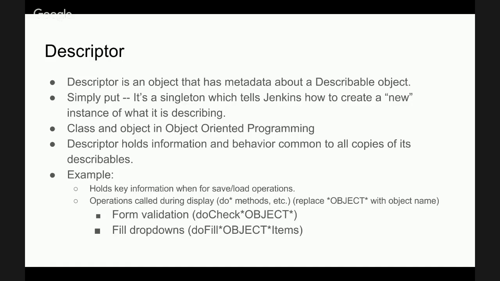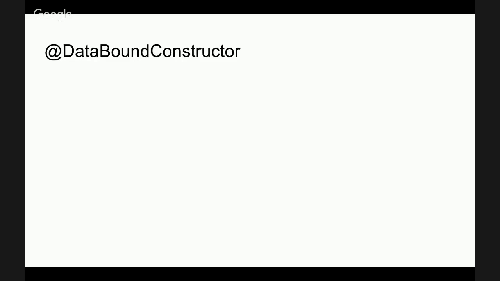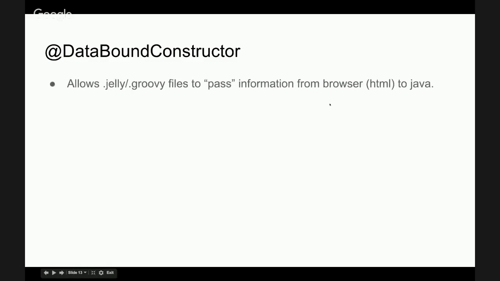I'll show how to do this in the demo, to allow you to create your own validation fields. The next thing I'd like to talk about is the DataBoundConstructor. It contains the information that's passed from the Jelly and Groovy, and it passes that information from the browser into Java.